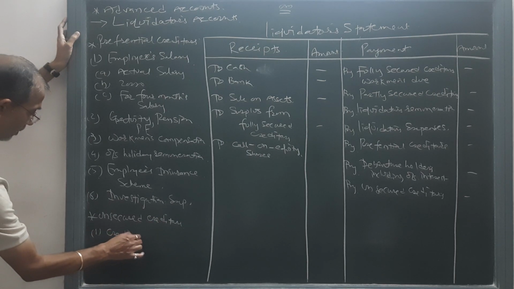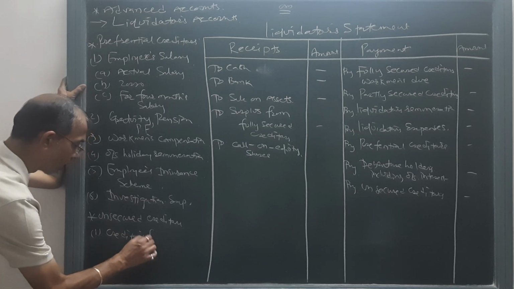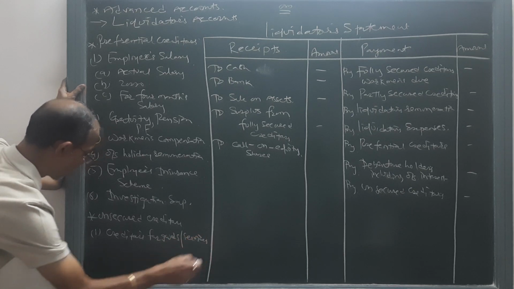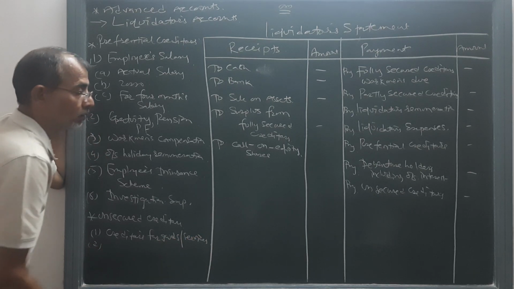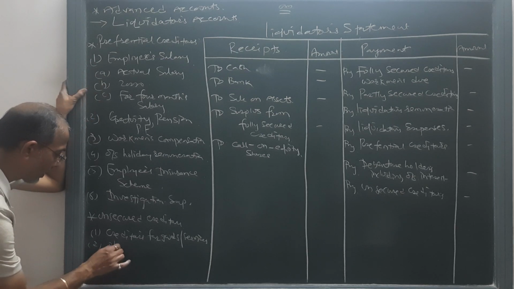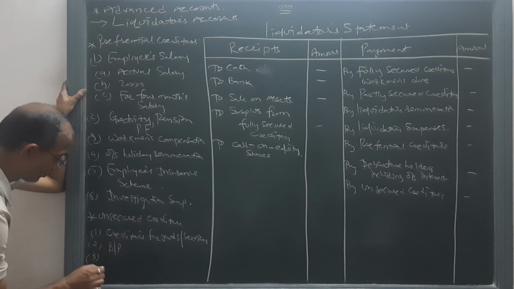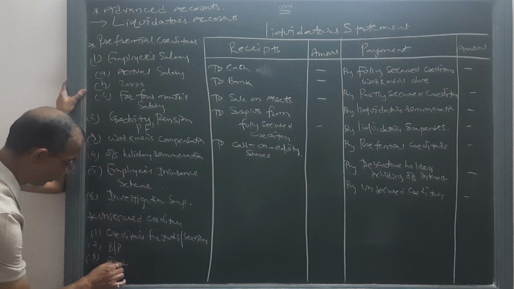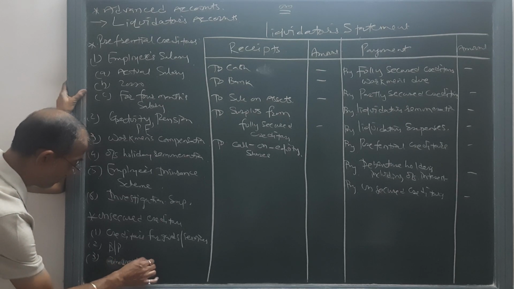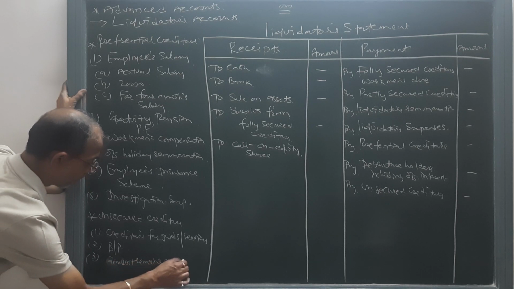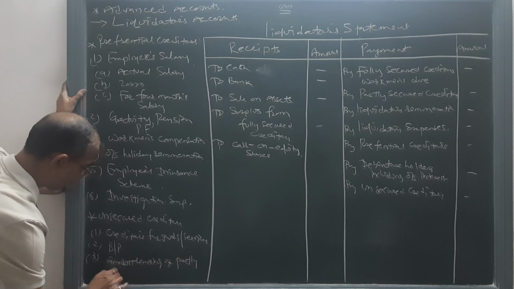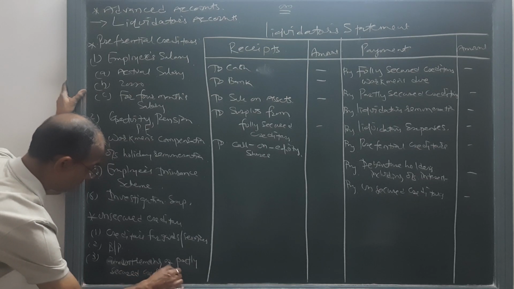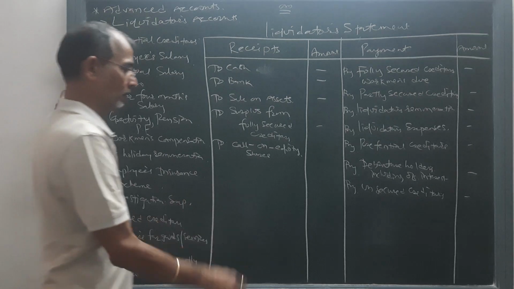Creditors for goods or services, then bills payable, the amount remaining of partly secured creditors.